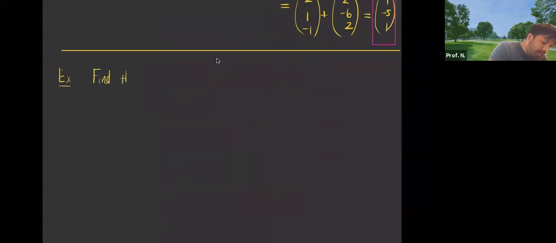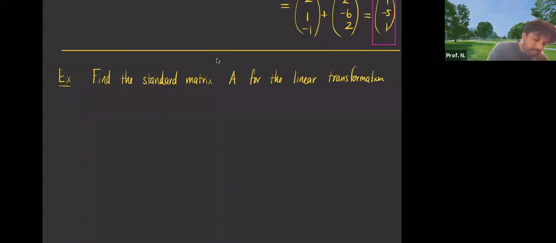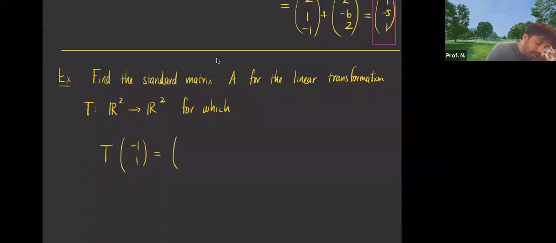Find the standard matrix A for the linear transformation T, where T goes from R2 to R2, for which T of (-1, 1) gives (-5, 5), and when I apply T to (2, -1), I get (7, -6).